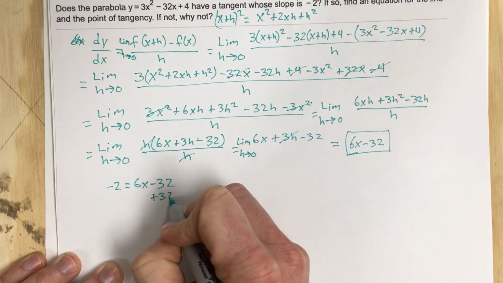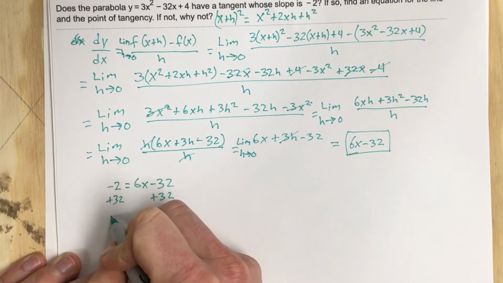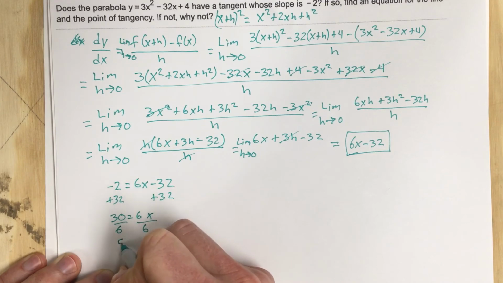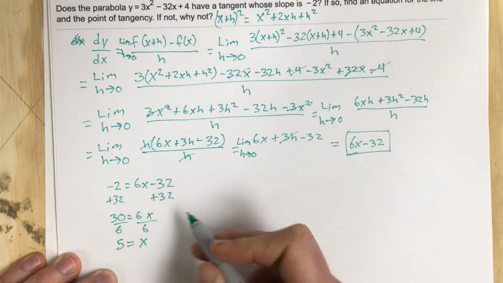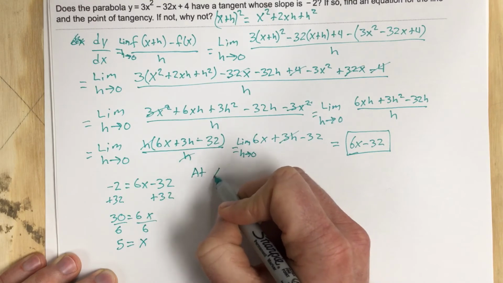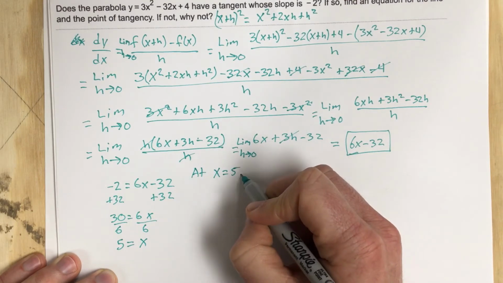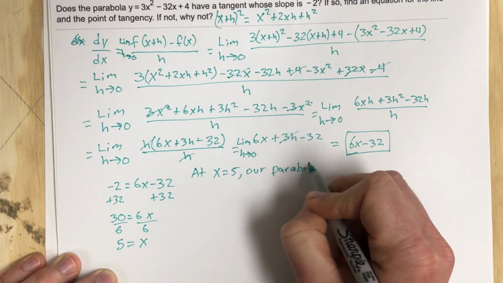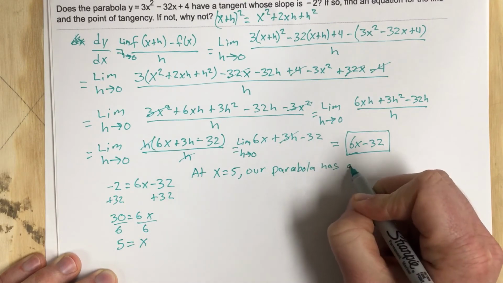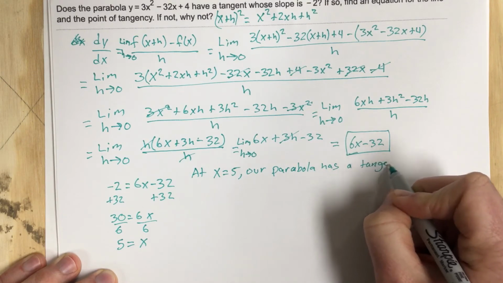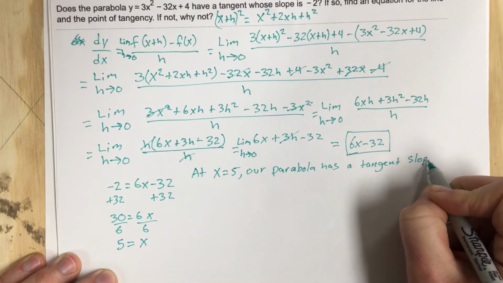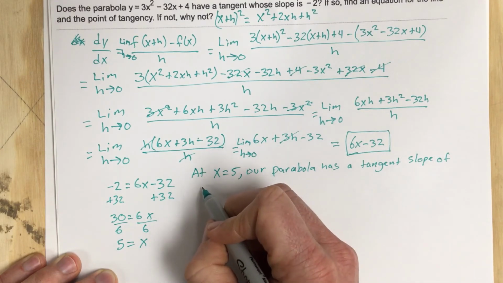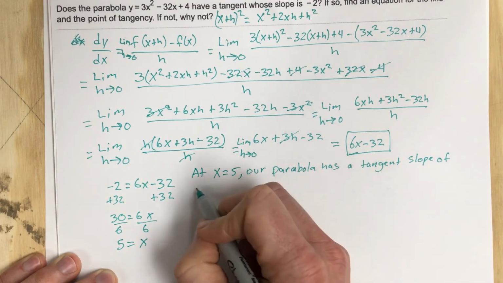So if we add 32, 30 equals 6x, divide by 6, it tells us that at x equal 5, our parabola has a tangent slope of negative 2.